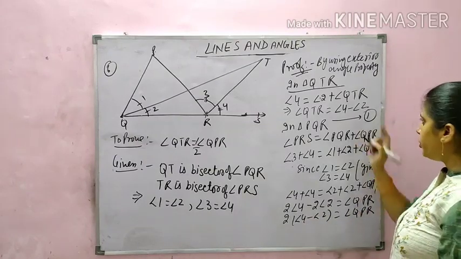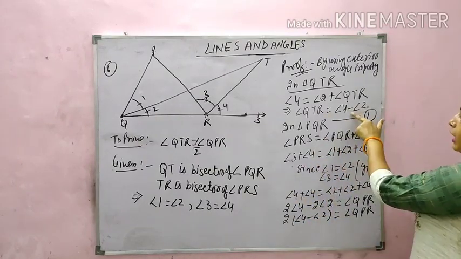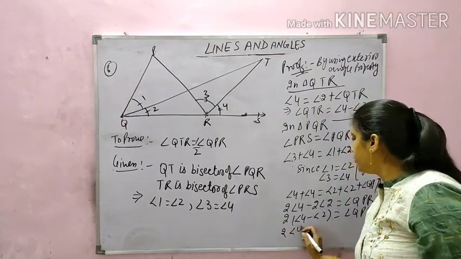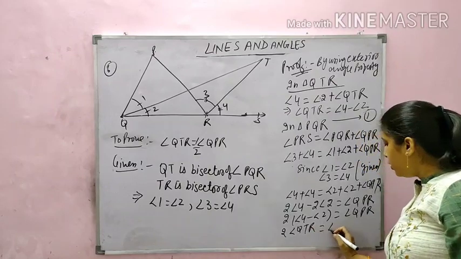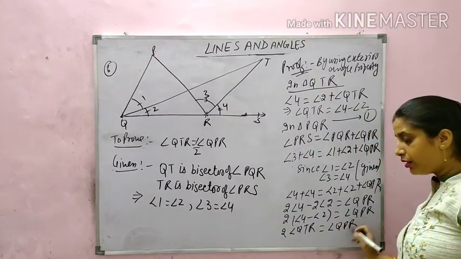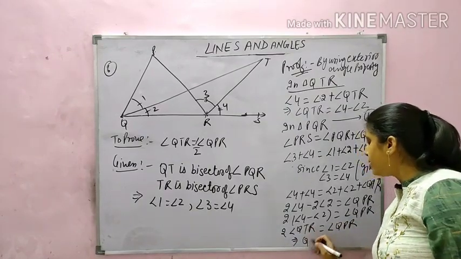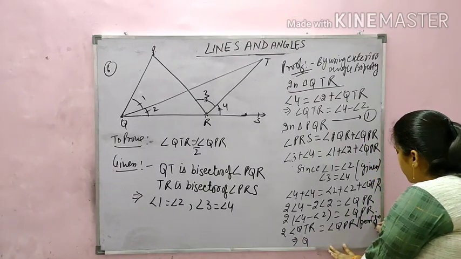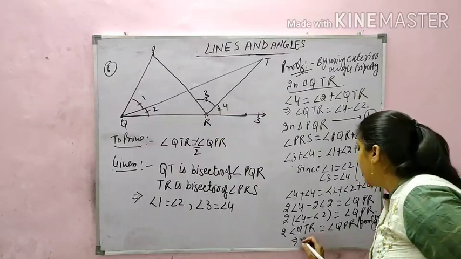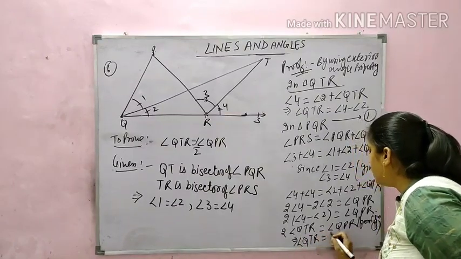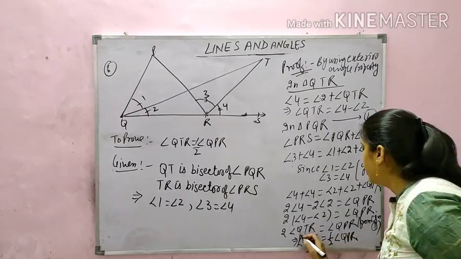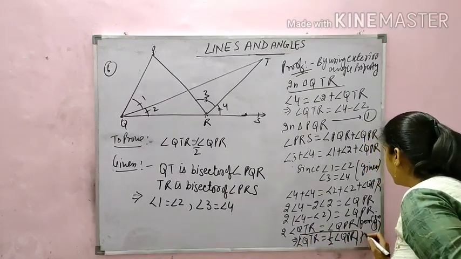Now see, from equation 1, angle 4 minus angle 2 is angle QTR. So 2 times angle QTR equal to angle QPR. Clear? Which implies that, from equation 1, angle QTR equal to half of angle QPR. We have to prove this. Hence proved.